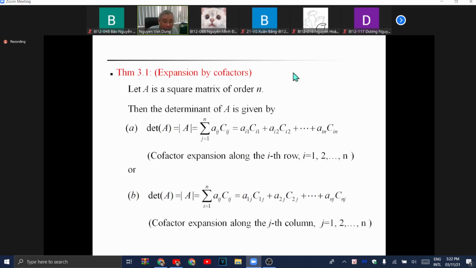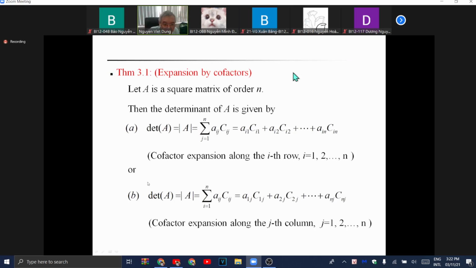Now we can define. If A is an n by n matrix, the determinant of A is defined by this formula. In the formula, the index i is fixed. The index j runs from 1 to n. And that formula is named cofactor expansion along the i-th row. And you should know that i can be any number from 1 up to n.